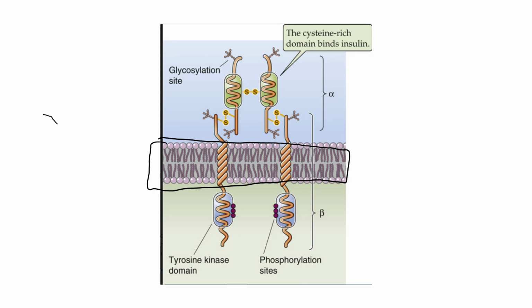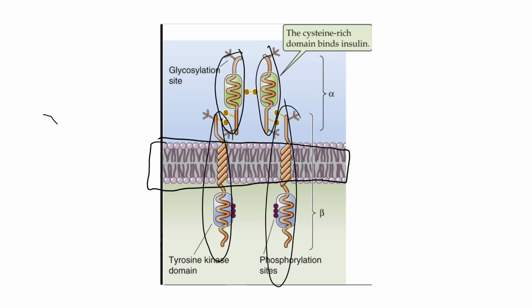What's its structure? First of all, it has two alpha subunits and two beta subunits. The alpha subunits are extracellular, meaning that they lie outside of the cell in the interstitial fluid. And the beta subunits exist intracellularly.